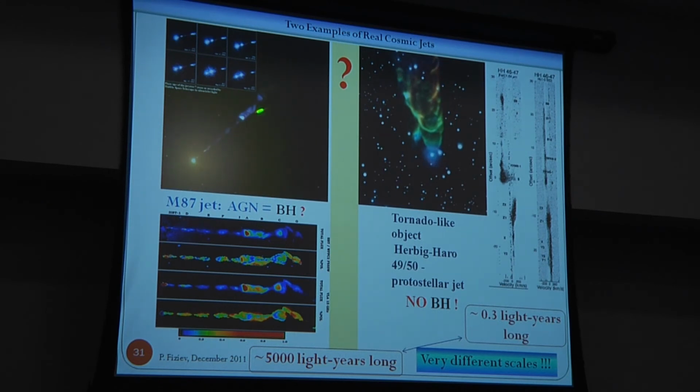Here we can see the jet from M87, the famous jet. It is quite big, 500 light years long. Here we have another jet from a protostellar object. It is very small, 0.3 light years. This is 1,000 astronomical units. It is in size something like the solar system.